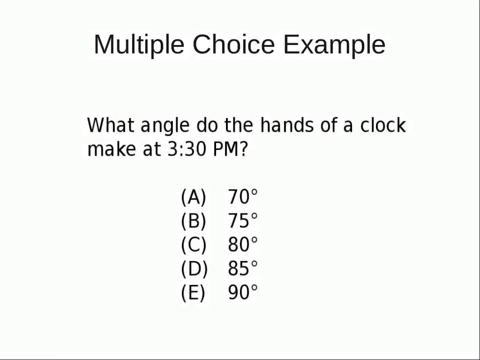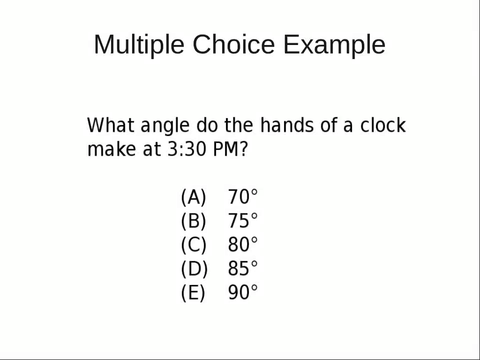Let me now give you the answer and discuss. The answer is B, 75 degrees. Some of you may have thought the answer was 90 degrees. Why is the answer 75 degrees and not 90 degrees? If you can picture the hands of a clock, the minute hand will be pointing at the 6 at 3:30.